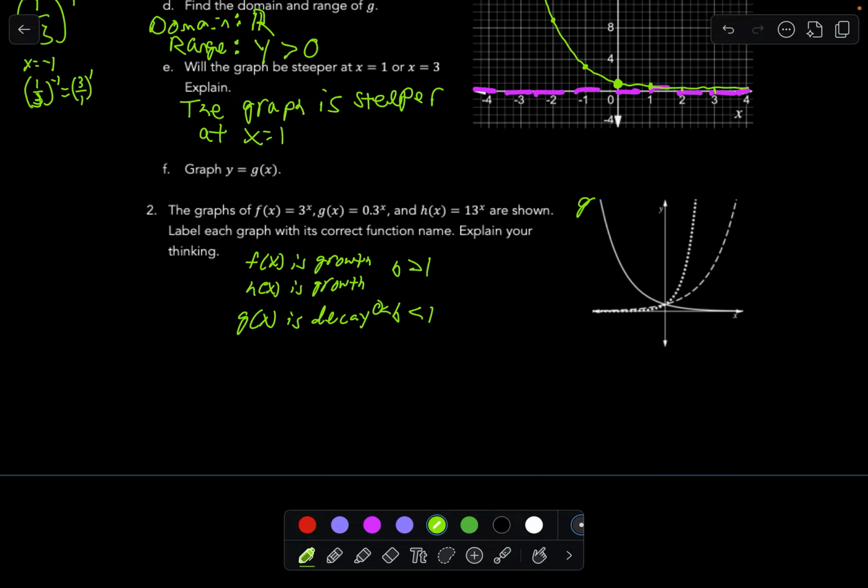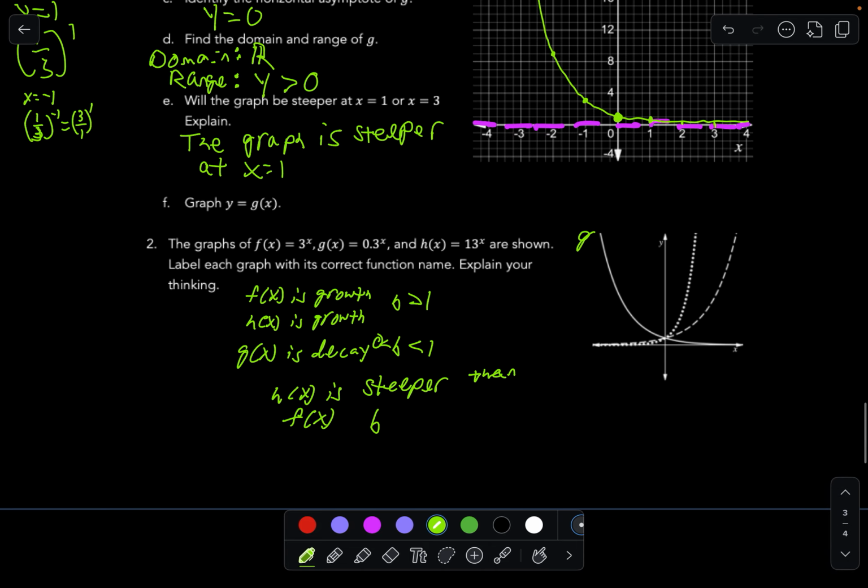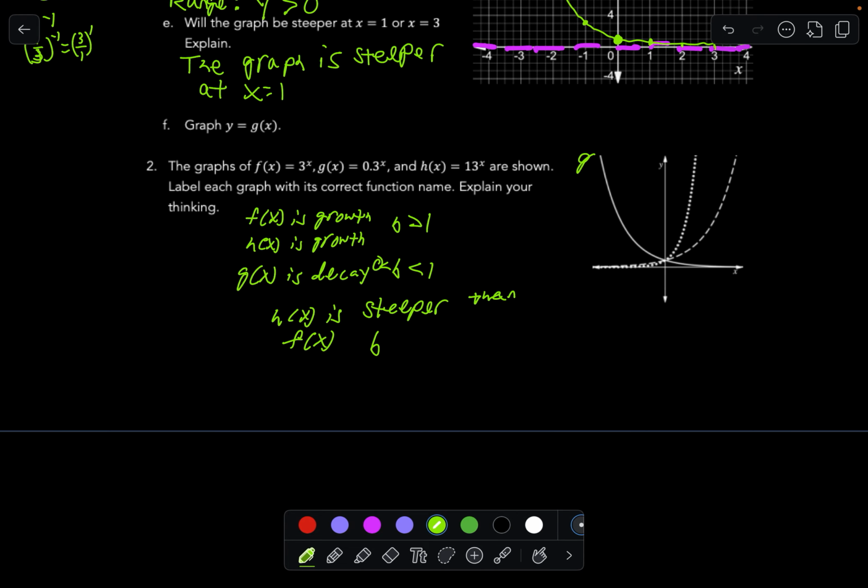The base for h is greater than the base for f, so that means h of x is steeper than f of x, because b for h is greater than b for f.